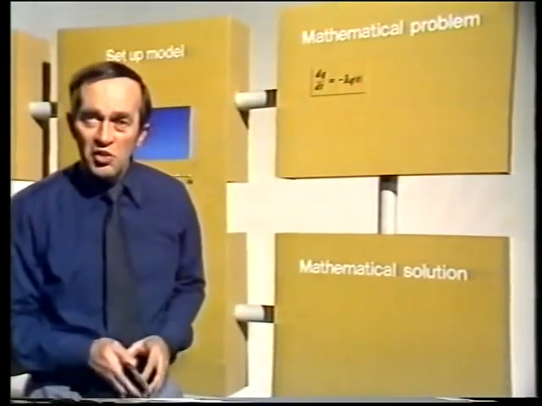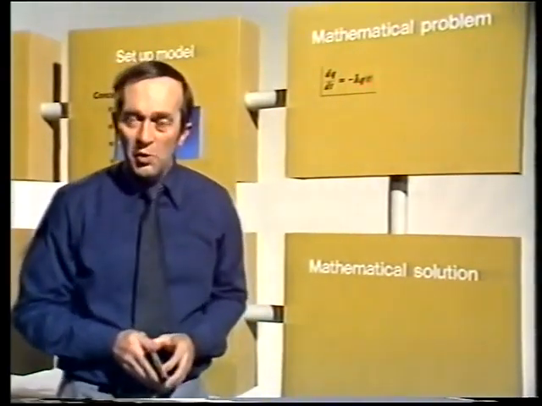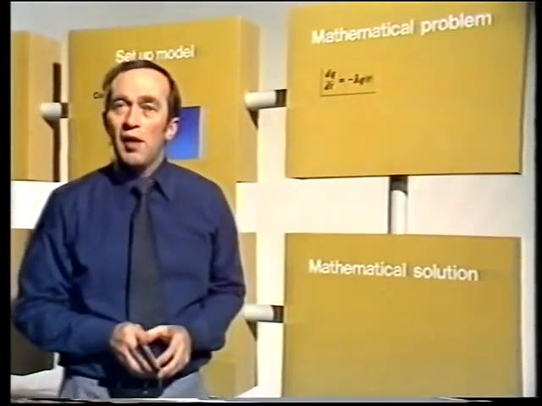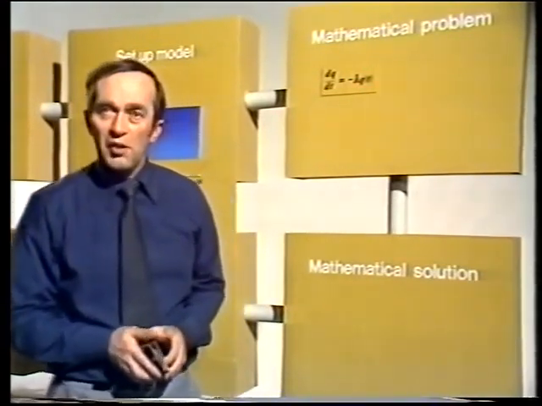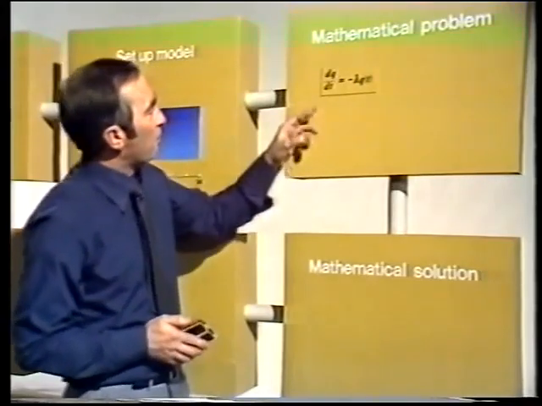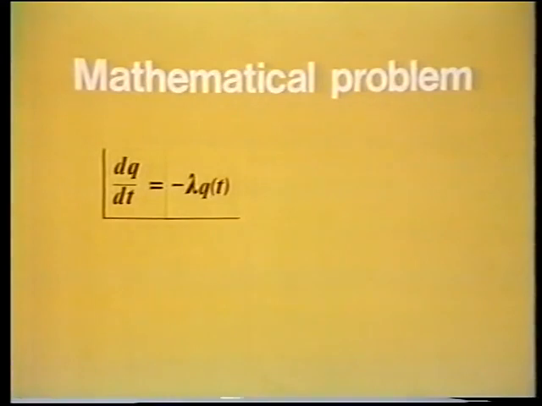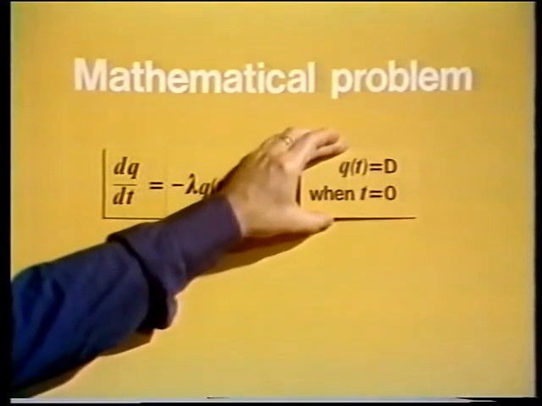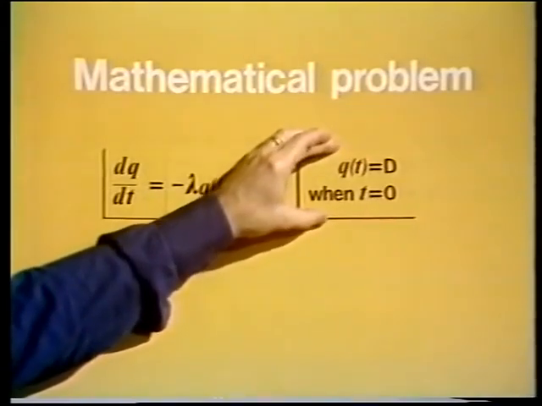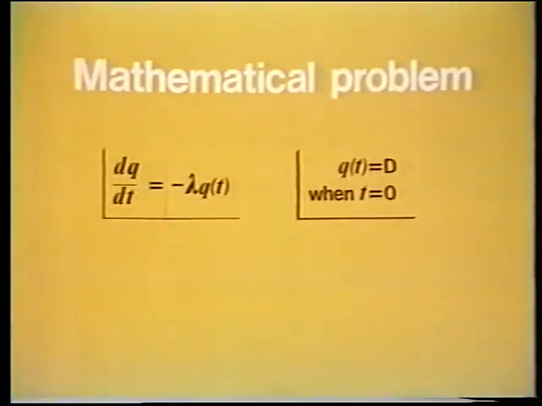So, the suggestion now is that this differential equation governs the way in which the amount of theophylline in the body varies with time. Of course, you get an initial input from the doctor. In fact, at t equals 0, the quantity in the body is d, the dose. And this is our mathematical model. And this is what we want to solve.